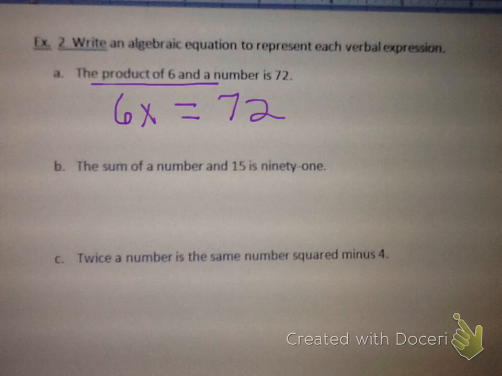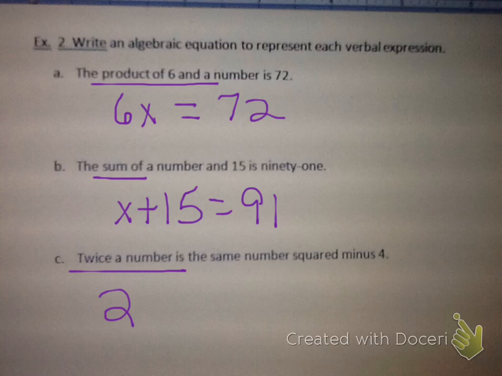So the sum of a number and 15 would be x plus 15 is 91. Example C, twice a number is the same number squared minus 4. Twice a number, so 2 times x, is the same, that means equals, the number squared minus 4.